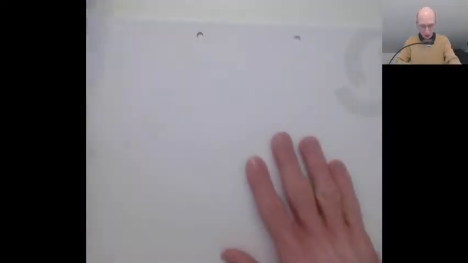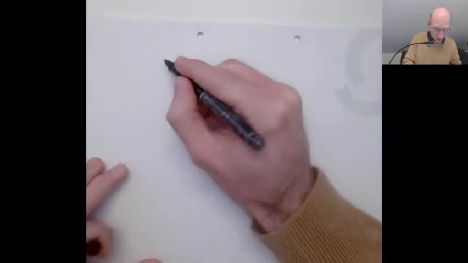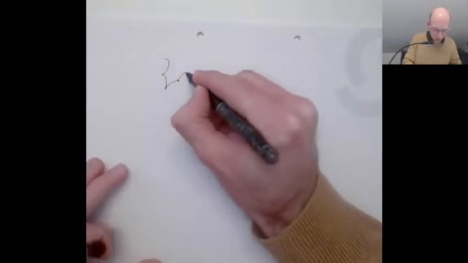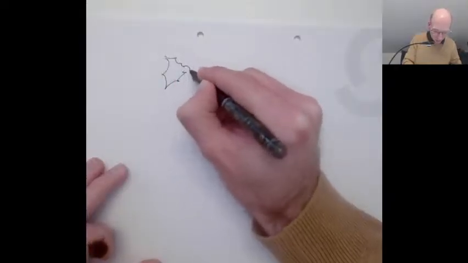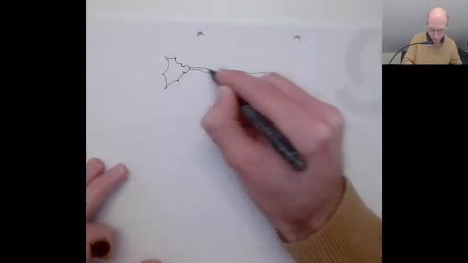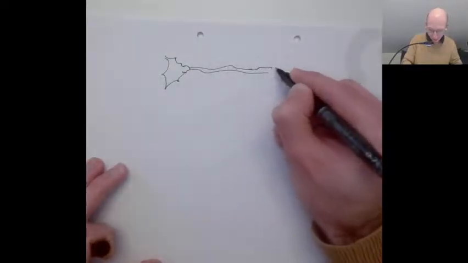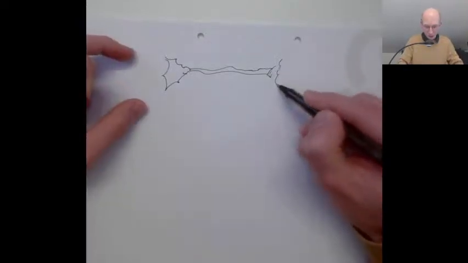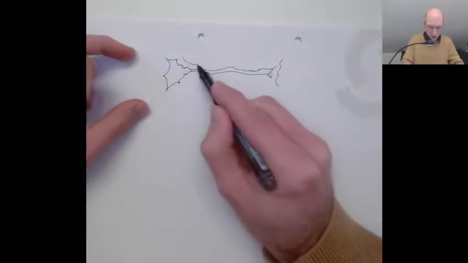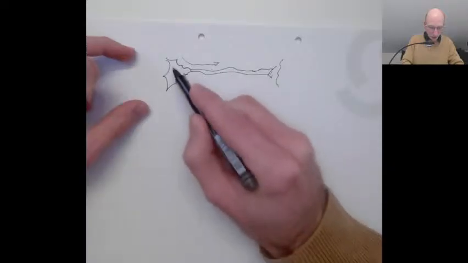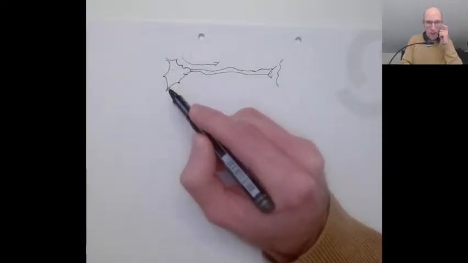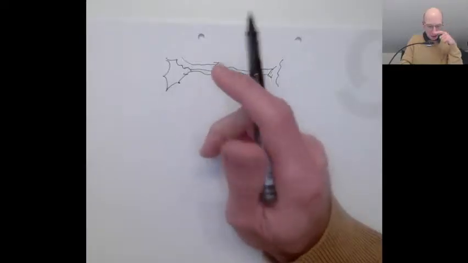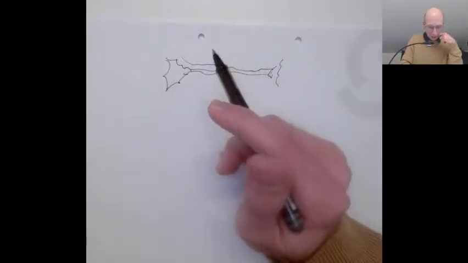Sorry, let me do this. If I just draw roughly how a neuron looks, here's the axon, and then here we have the synapse and the next neuron. There's transmission, and these are actual physical processes. Thinking is not something ethereal, thinking is physical.